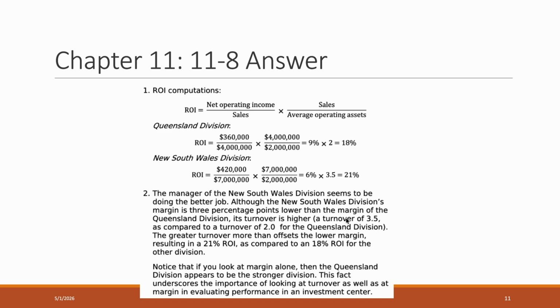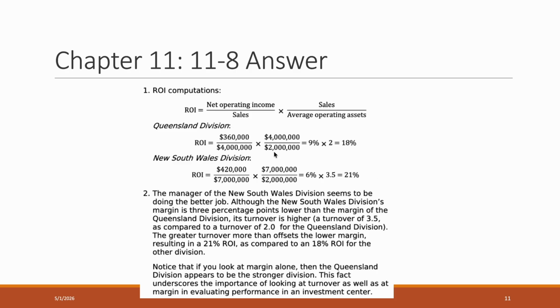Although the New South Wales division margin is 3 percentage points lower than the margin of the Queensland division, 6% versus 9%, its turnover is higher, a turnover of 3.5 compared to the turnover of 2.0 for the Queensland division. The greater turnover more than offsets the lower margin, resulting in a 21% ROI as compared to an 18% ROI for the other division.